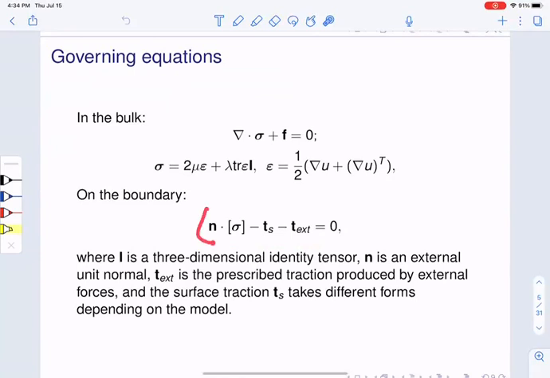Here n is our exterior normal, the bracketed sigma is the jump in the stress tensor on the surface, since on the interface you can have a jump in stresses, and the exterior term is the external traction applied to the surface. The T_S component is exactly the component that comes from that additional surface energy.